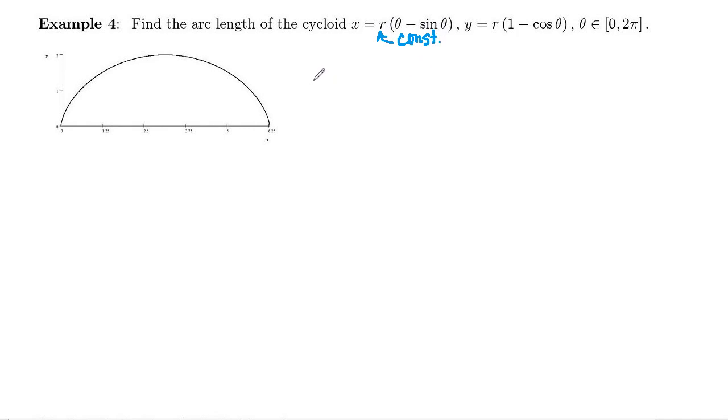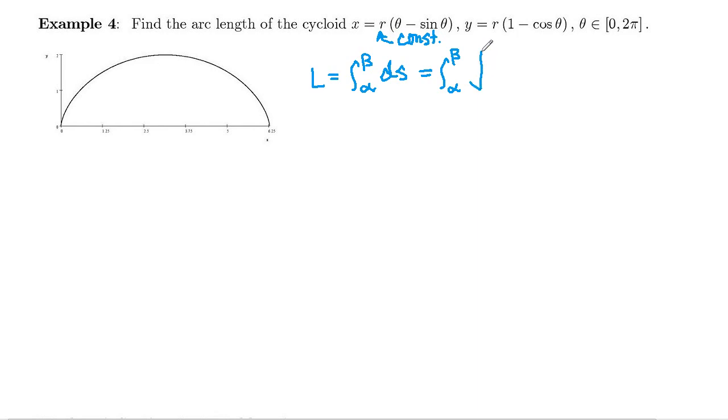So then our ds, our little piece of arc length, so your L then is going to be the integral from alpha to beta of ds, which is going to be an integral from a starting angle to an ending angle.